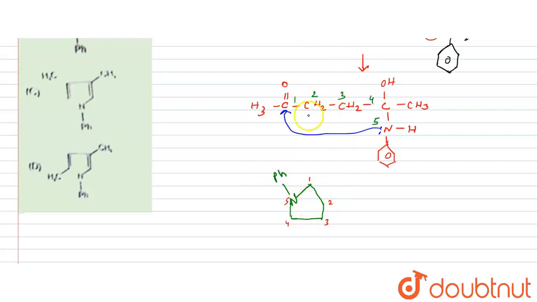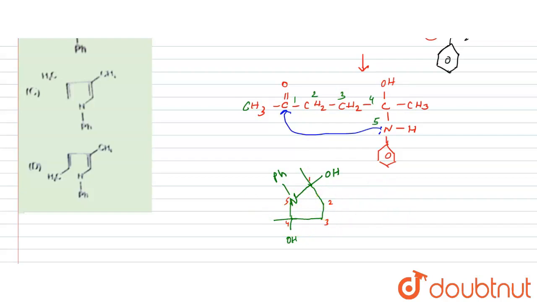Now what is important? At the first position OH will be present when it has attacked this carbonyl carbon, and you have this CH3 also, right? So you have one methyl group present at the first position. Then at the 4th position you have one OH, fine, and then you have one CH3, that is one methyl group at the 4th position. Now we have drawn the complete structure.